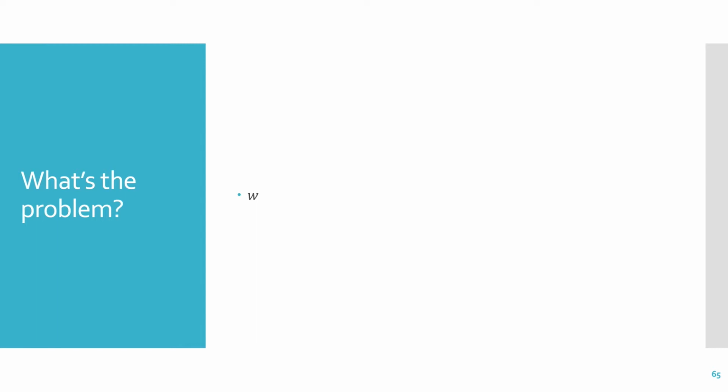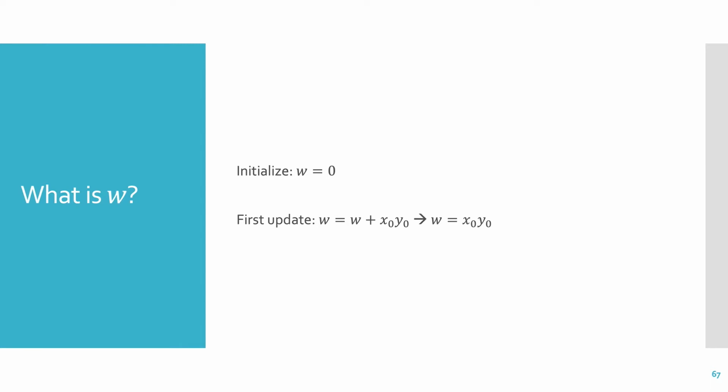Well, let's figure out what W actually is first. In the perceptron algorithm, we initialize W with 0. So when we first start off, W is 0. And then we only update W when we make mistakes. Let's run through an example and see how W gets updated. Let's assume we make our first mistake on sample x0.